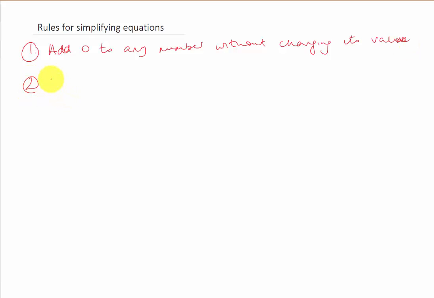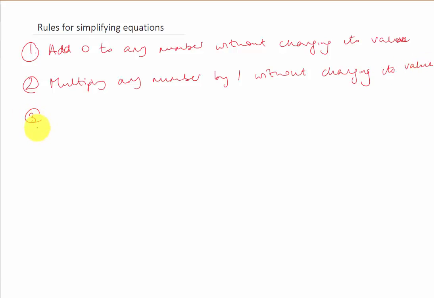Secondly, similarly, you can multiply any number by 1 without changing its value. Number 3, you can swap the two sides of an equation over.